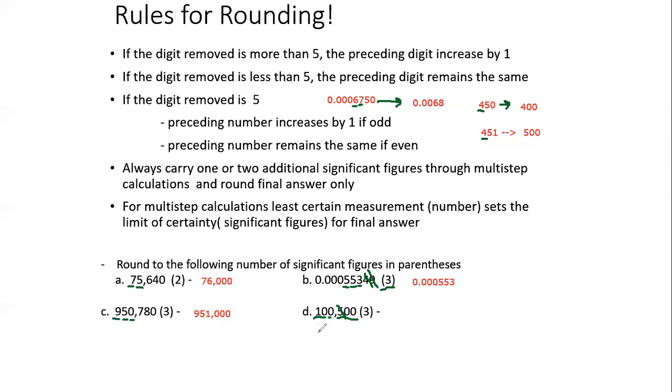So we have to write 100,000 as 3 significant figures. So we have to write this in scientific notation. And this answer can only be written in scientific notation, because the only way to write 100,000 with 3 sig figs is to put it in scientific notation.